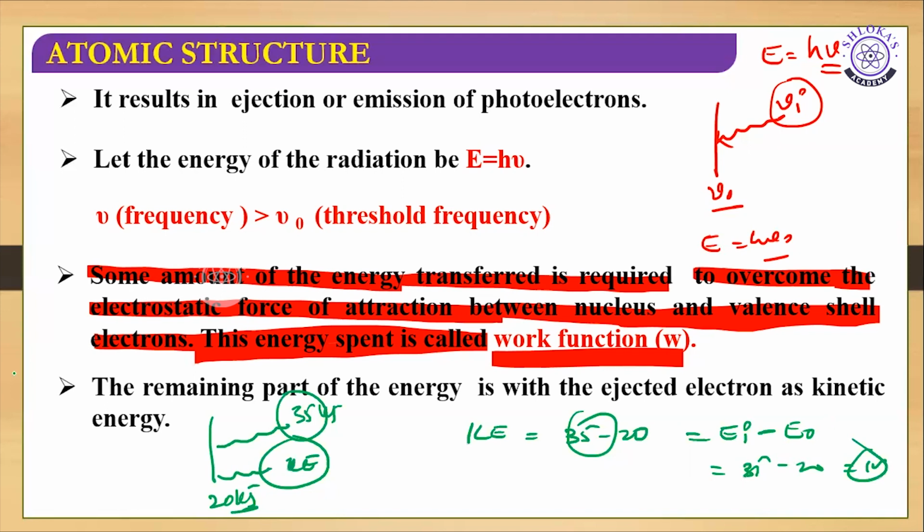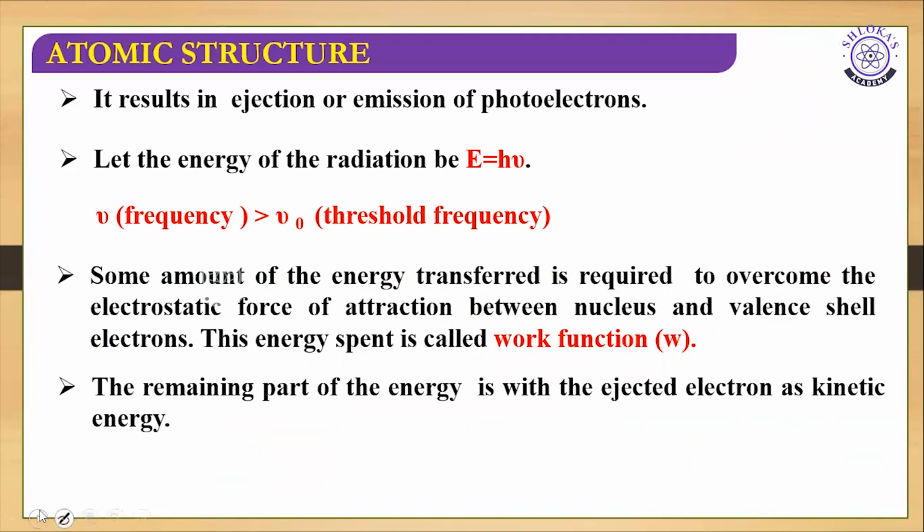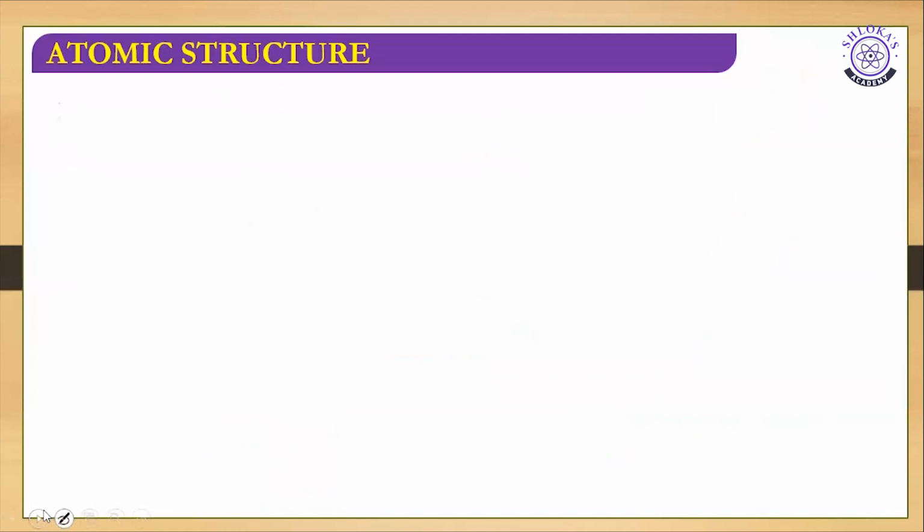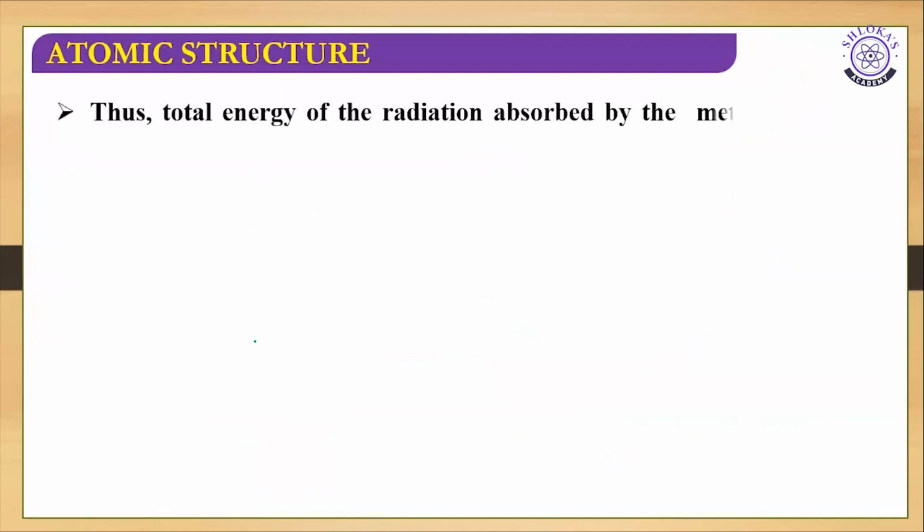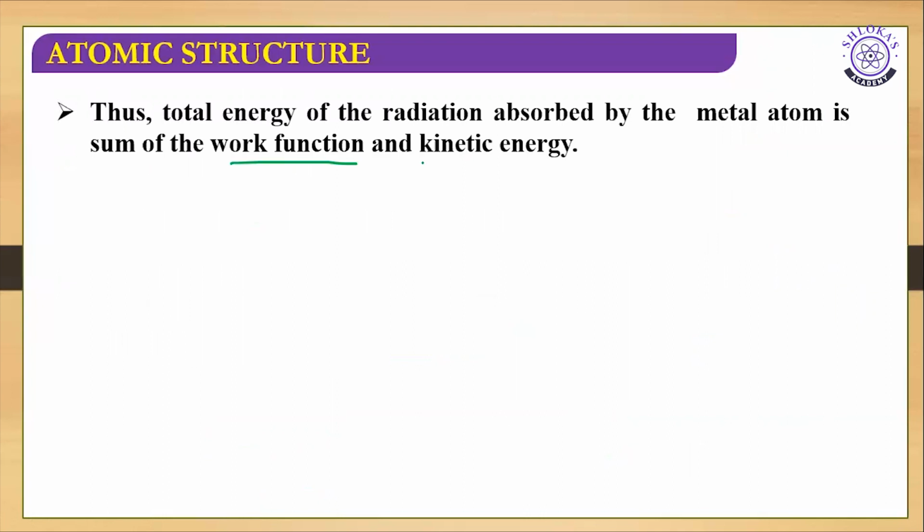This is energy related. In a similar way, we can also correlate it with wavelength. The total energy of the radiation absorbed by the metal atom is the sum of the work function and its kinetic energy. Means E I is equal to KE plus work function W. So if I want to know the KE value, what can I write?